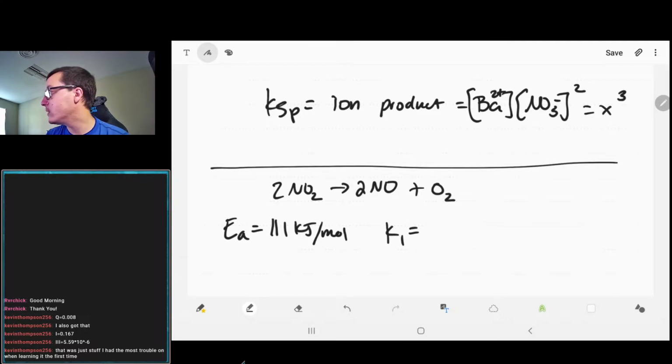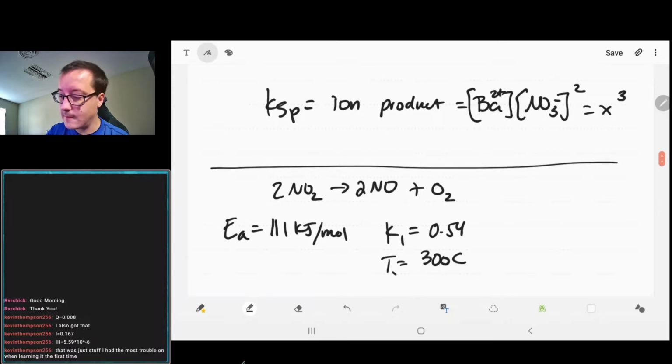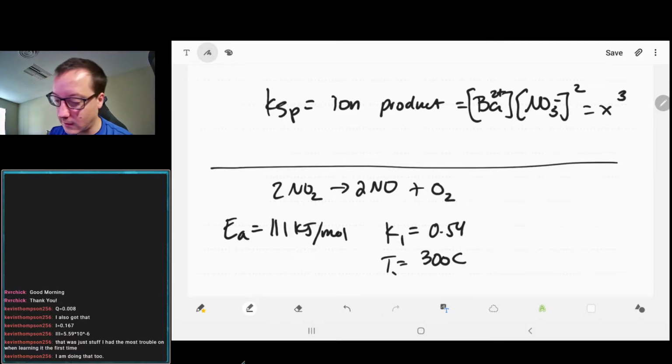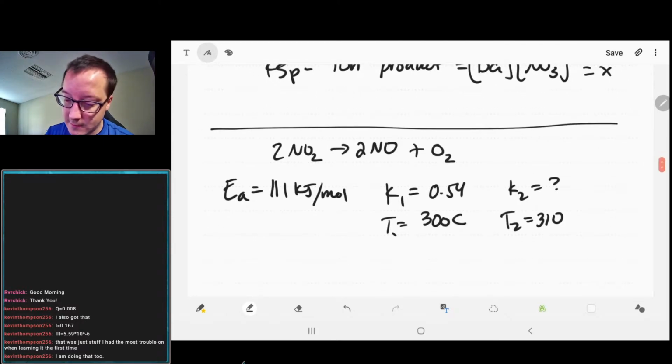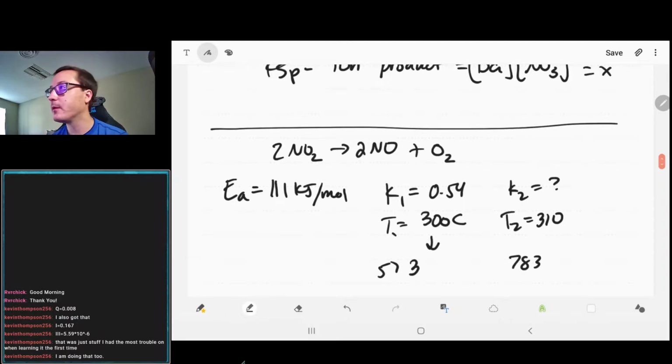at 300 Celsius is 0.54. At 300 Celsius. And then we have what's K2 at 310 Celsius. So that's, of course, 573, 583 Kelvin.